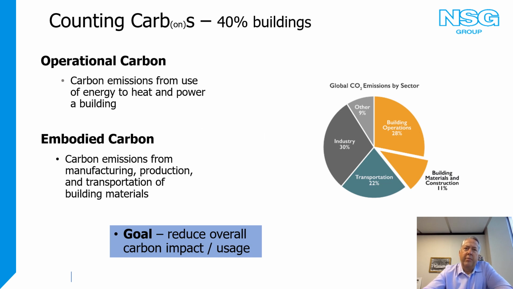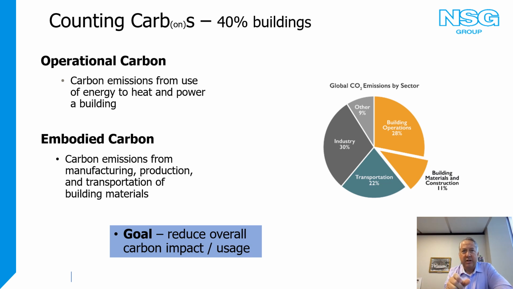In terms of carbon, most people are really familiar with what's called operational carbon. So what's the energy efficiency of this building? What's your HVAC? How much energy does it take to heat and cool it, and lighting and all those sorts of things? You've probably heard many times over that buildings consume 40% of the energy in the US. Most of the time, people are talking about operational carbon, but really we need to talk about operational carbon and embodied carbon.